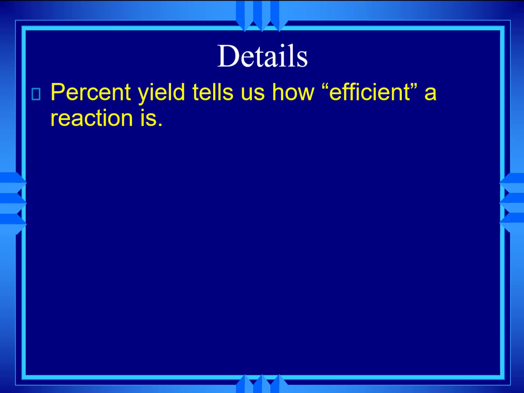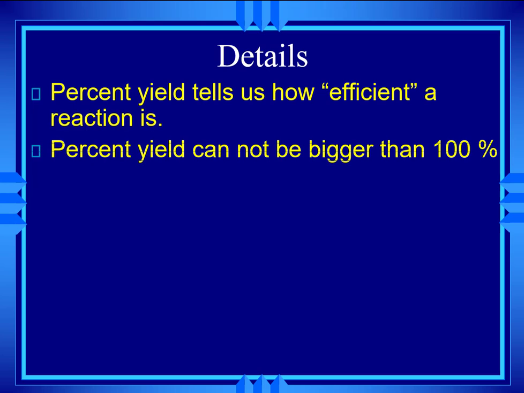Okay, percent yield tells us how efficient a reaction is. Ideally, we'd like to get 100% every time. It can't be bigger than 100%.